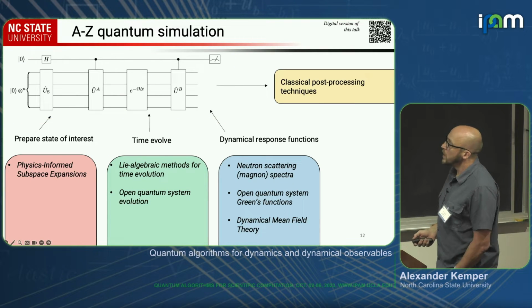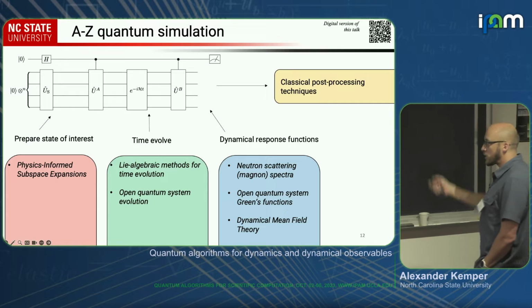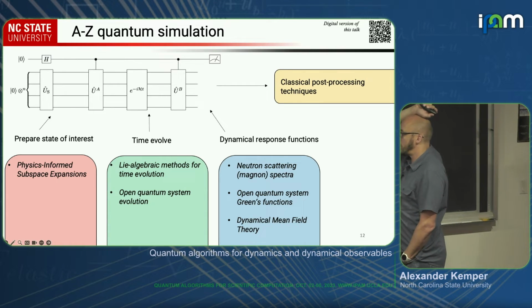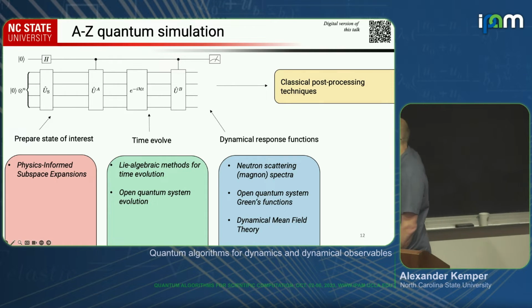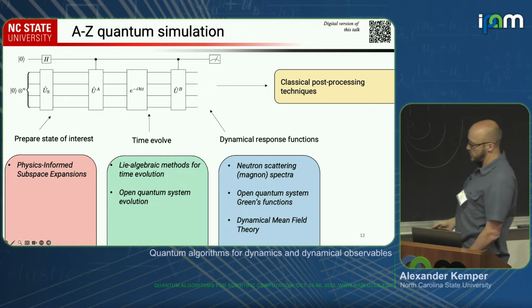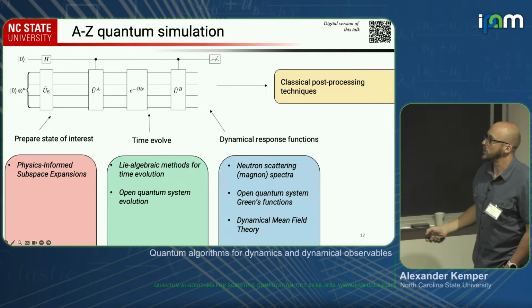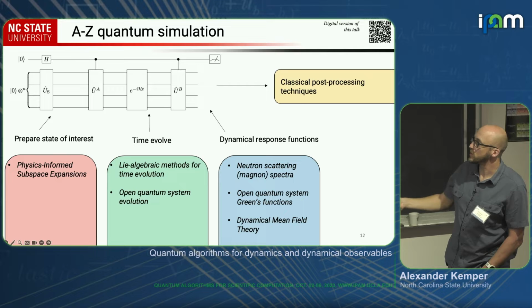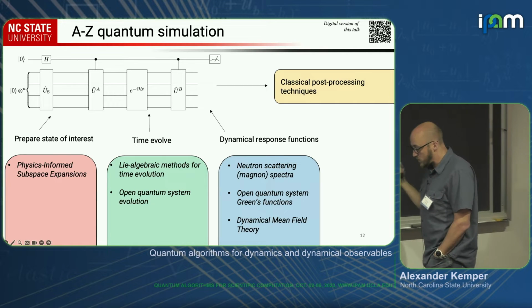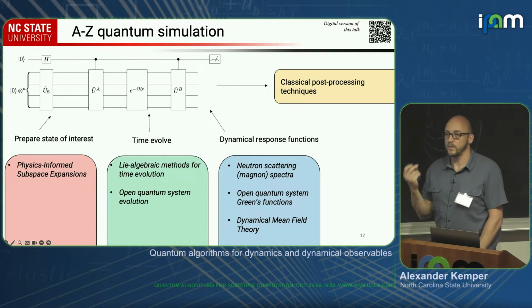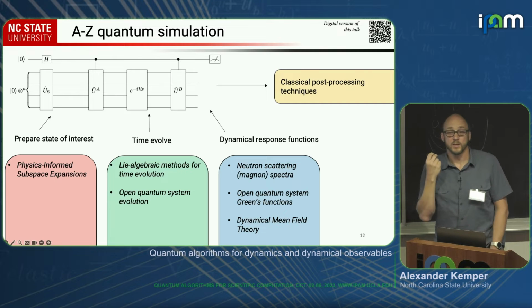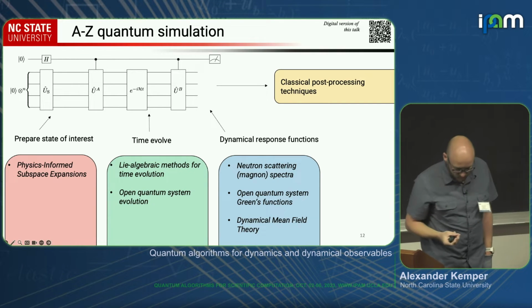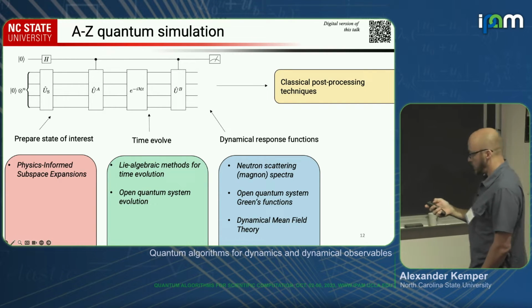Good, okay. So we've done some work on dynamical response functions, both in closed and open quantum systems. We've done some dynamical mean field theory, which is a physicsy thing. And more recently, and we saw some things from that earlier this week also, some of the classical post-processing techniques can be really powerful for getting out things that you otherwise would not be able to. Good.